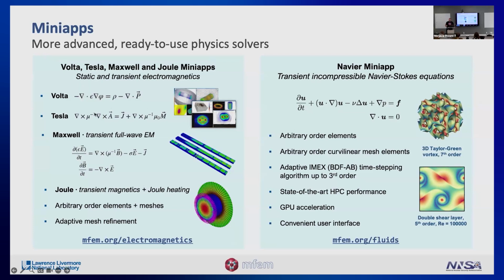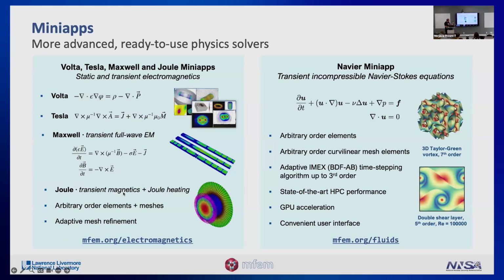We have quite a few in the miniapps subdirectory, but I want to point out two that I feel have been the most impactful and successful. The electromagnetics mini apps: if you're interested in solving electromagnetic problems, we have electrostatic, magnetostatic, and transient Maxwell.